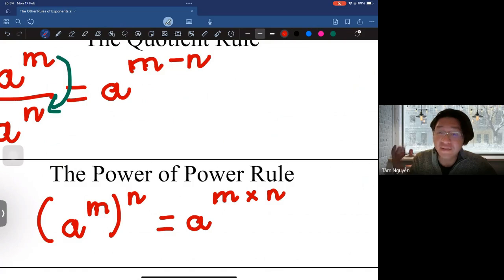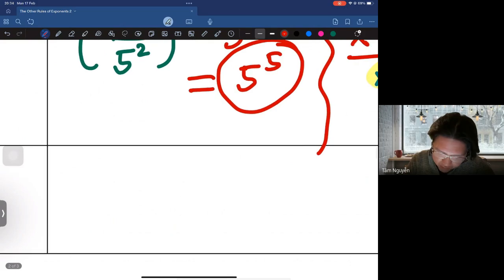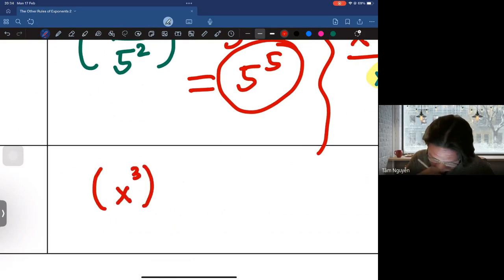Not plus, not minus. We multiply them together. So for example, you have x to the power of 3 inside the parentheses, and the power 2 is outside of the parentheses. What you do is simply multiply.